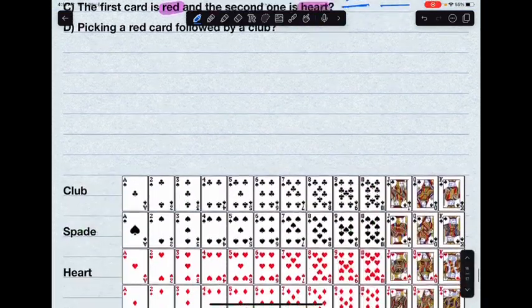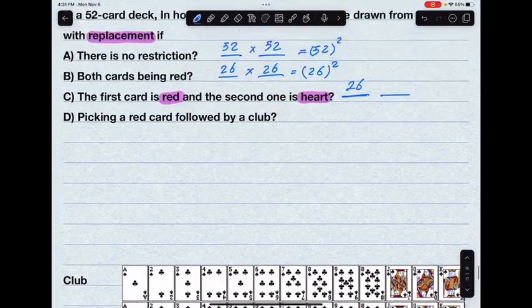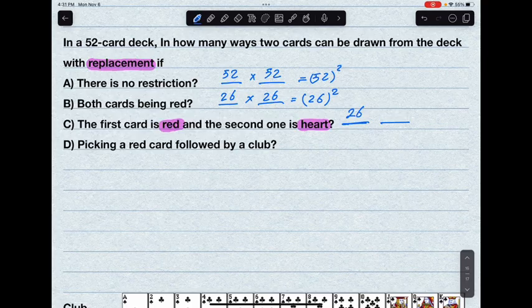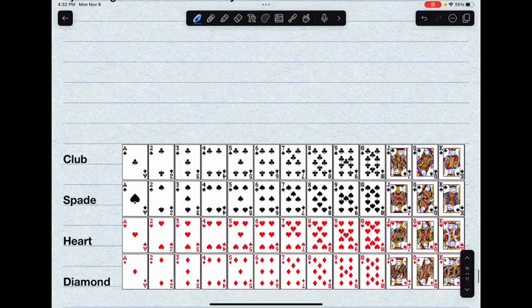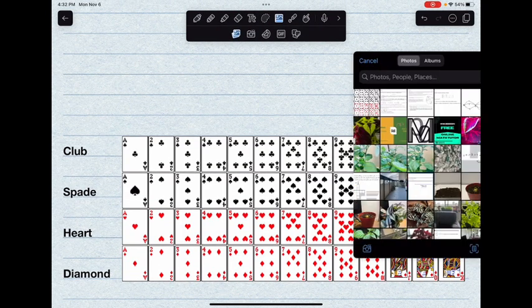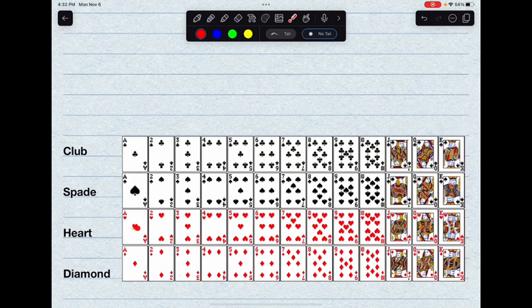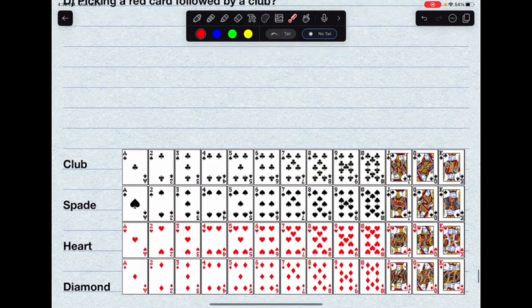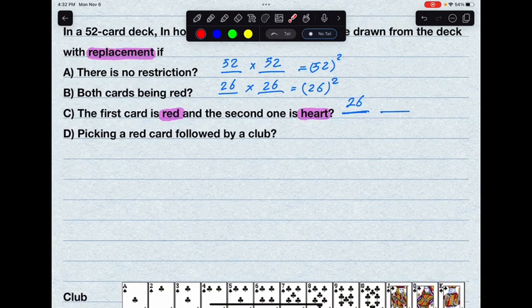There are 26 red cards, and then the second one is heart. So how many hearts? There are 13 heart cards. Okay, 13. So it is 26 for the first one, and multiply by 13, which is how many hearts we can draw.